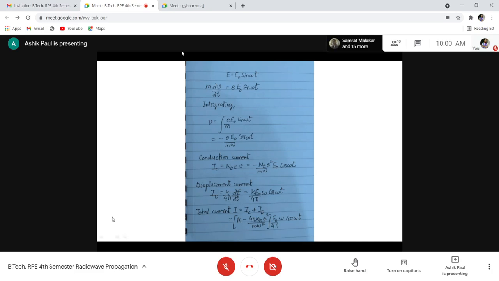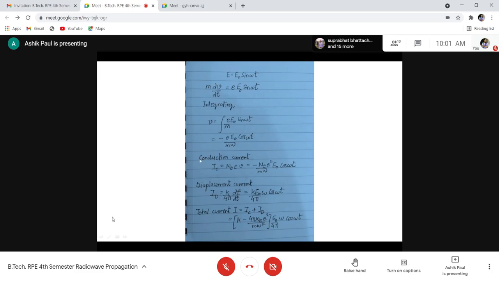So if we integrate this relation, V is the integral of small e E0 by m sine omega t dt. Sorry, I missed out that dt. If you perform this integration, it will be minus e into E0 by m omega cos omega t, with an omega in the denominator and cos omega t.